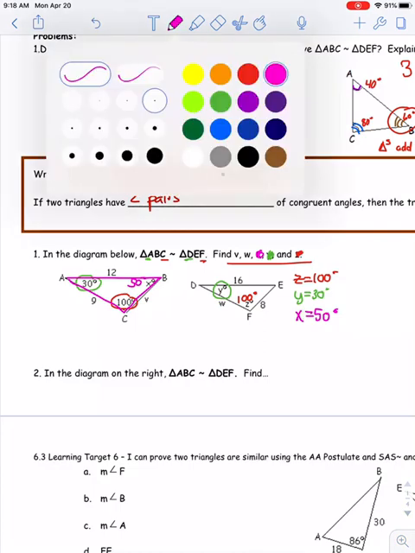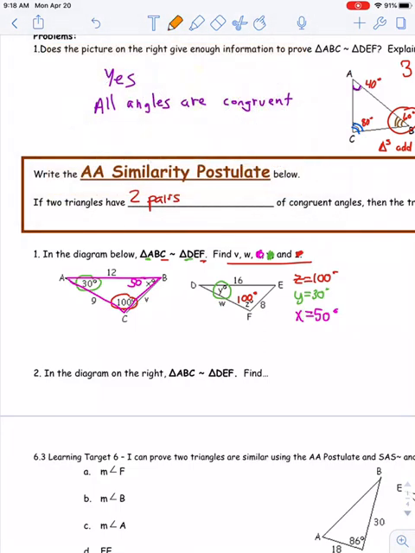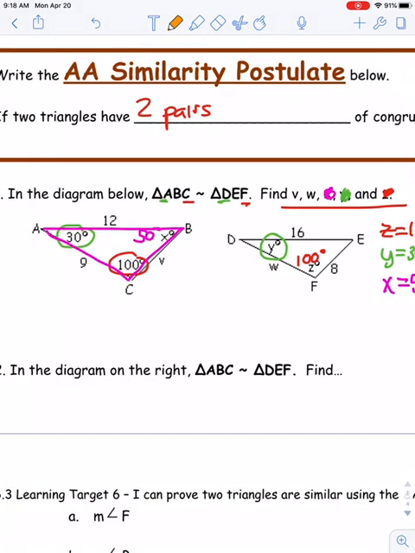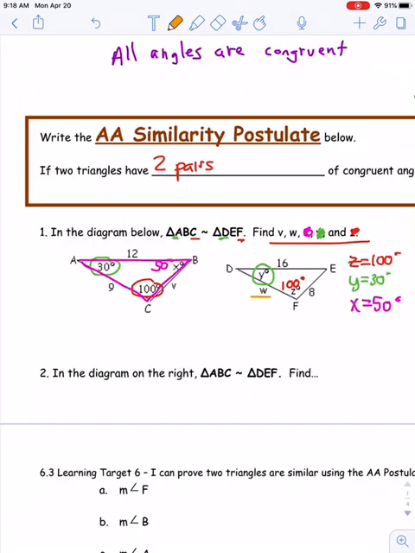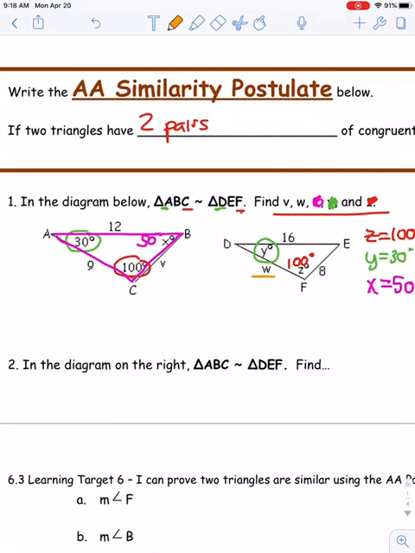Let's do W first. We're going to find W. Now, it's just really about matching up corresponding sides. 12 corresponds to 16. Since we start on the triangle on the left, I'm going to start on the triangle on the left again. 9 corresponds to W. This is a true proportion I'm allowed to set up.